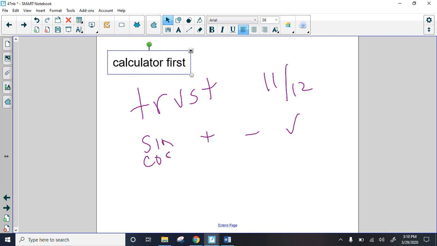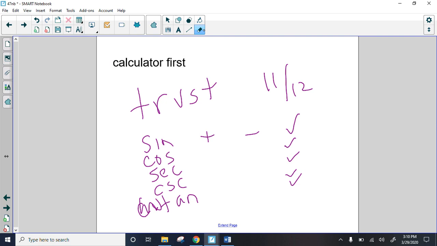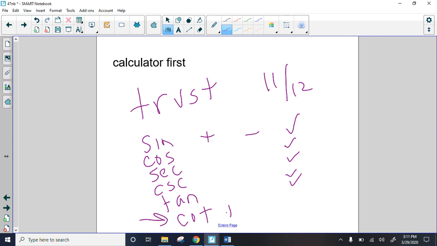For cosine, for secant, for cosecant, for tangent, we can trust it for all positives and negatives. I lied. It's tangent, not cotangent. We can trust it for all of our positive and negative amounts. The one that we have to be careful for is cotangent. And it's only cotangent when it's negative.